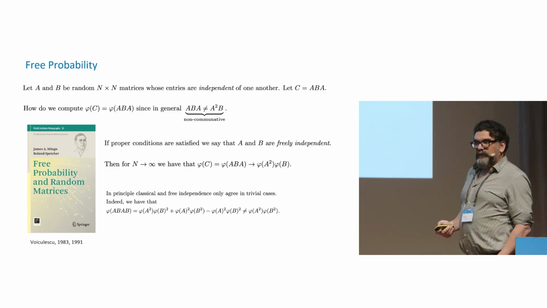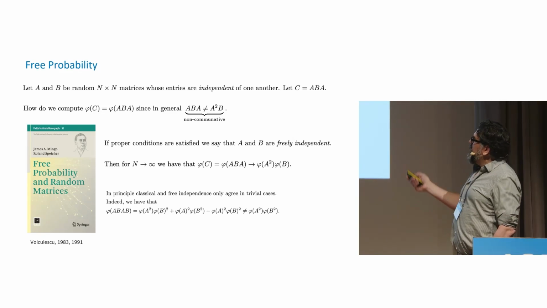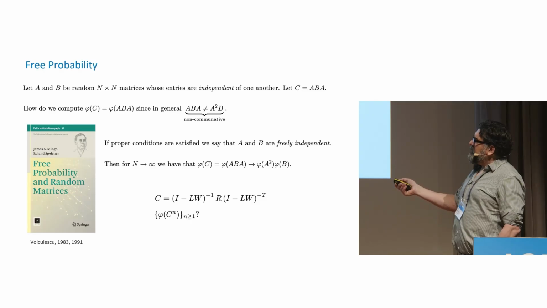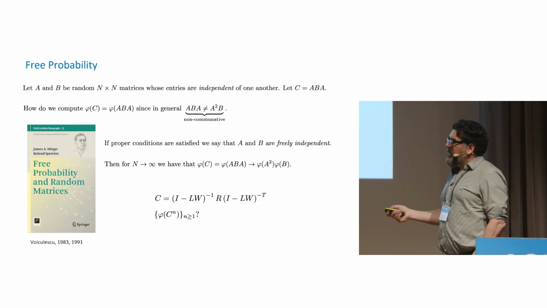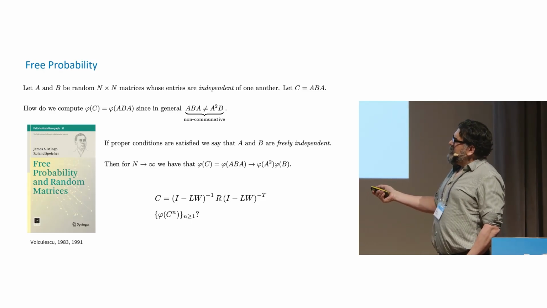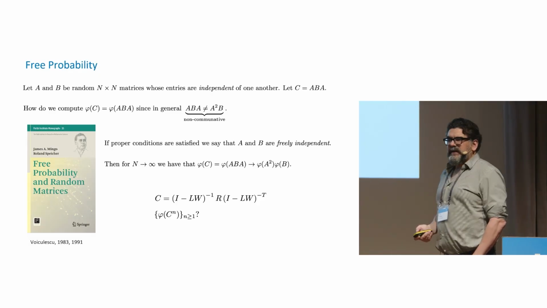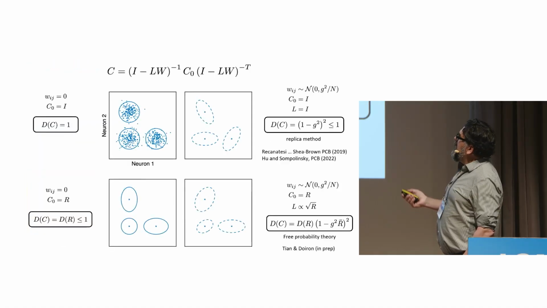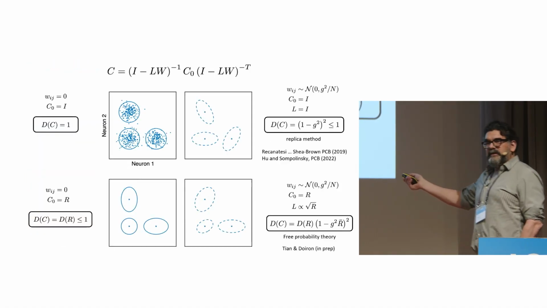So you actually have to do the math. We're not going to do it on a simple case like that. I'm now going to ask, okay, R is random, W is random, L is related to R, but I've still got two random matrices. So how do I compute the expected components of C in terms of what I know about the matrices? Bunch of math. And we get this cute formula at the end here.